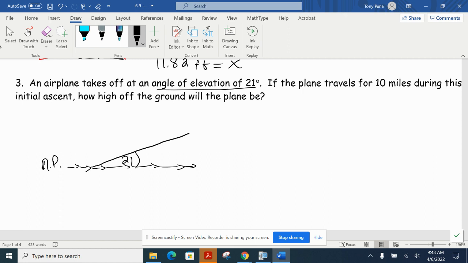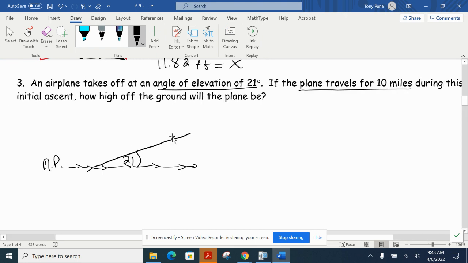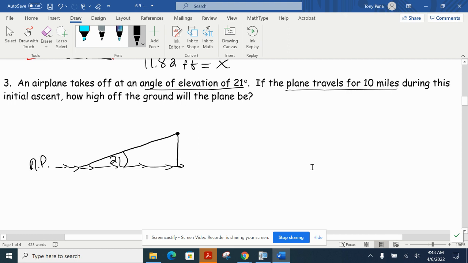And then it says, if the plane travels 10 miles during this initial ascent, how far off the ground will the plane be? So again, we're forming a right triangle here. So let's go ahead. At some point, the plane is right here. We're going to drop this down. This one's a little sneakier. The 10 miles is how far the plane actually would have traveled.